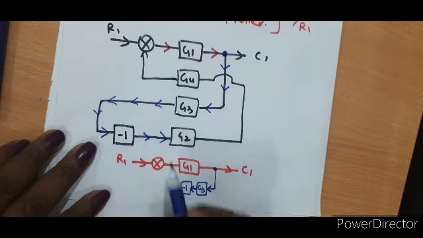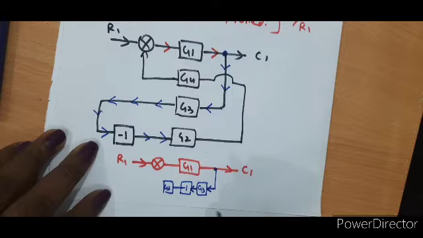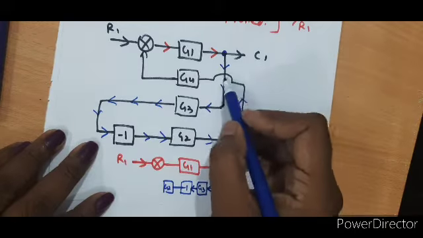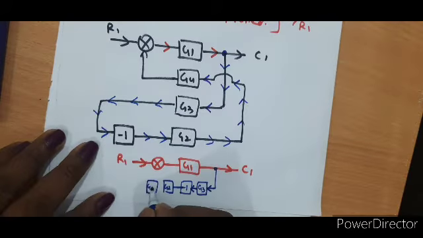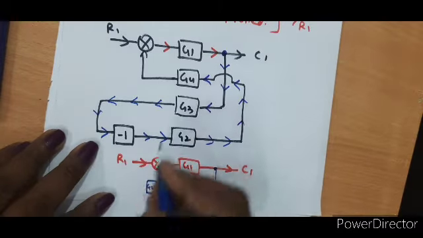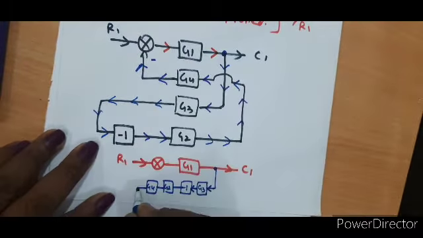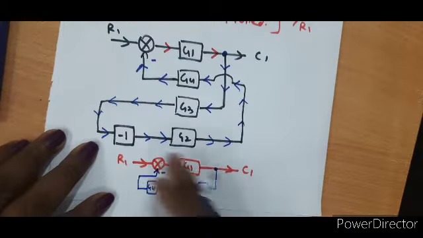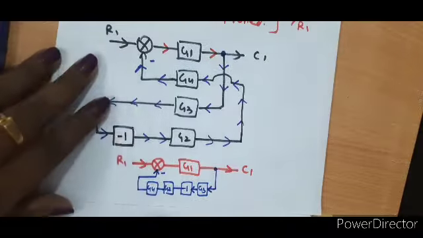After minus 1 I will have another block of G2. Then from G2 it travels and reaches a block of G4. And from G4 it reaches this summing point. So now this will be my circuit. I have just stretched this connection, that's all.